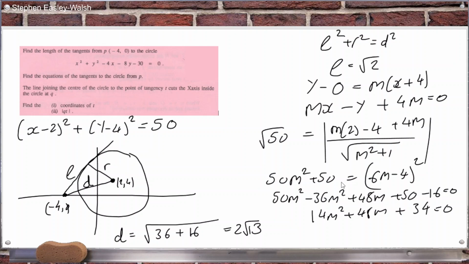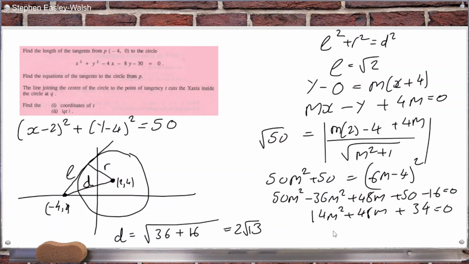Can't even see it. Maybe I just typed it in wrong. Actually, I think I just typed it in wrong on the calculator.